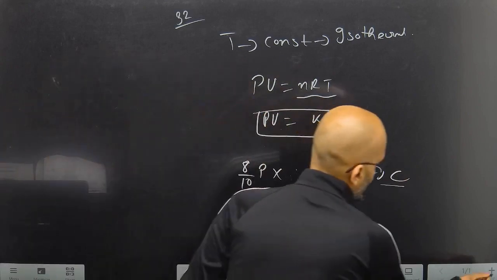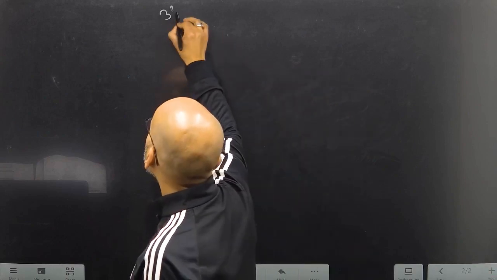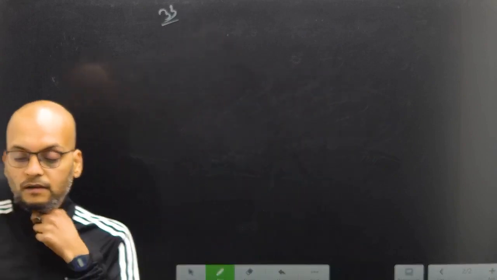Okay, next question. Next question is, the figure is shown, PV curve is shown and two curves representing two temperatures are shown. Okay. So now they are asking which temperature is greater.